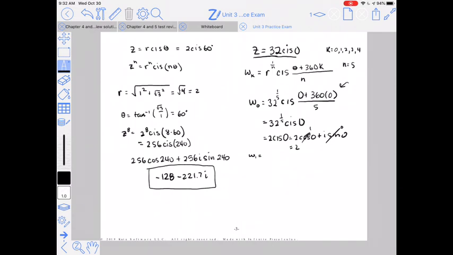So now we do 32 to the 1/5. Now we have 0 plus 360 times 1 over 5. 360 divided by 5 is 72.